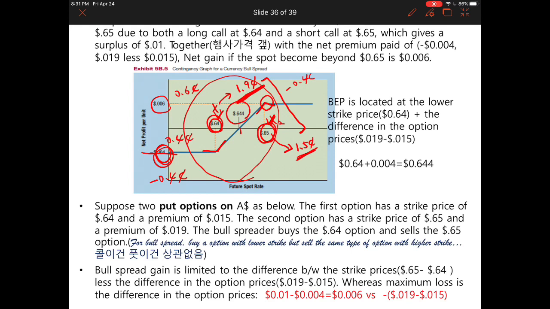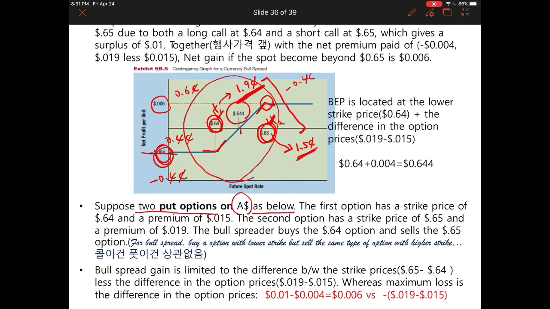And let me go over another one. I mentioned that you can construct this bull spread using put options too, right? Now let me go over this one. Suppose two put options on the Australian dollar as below are available.